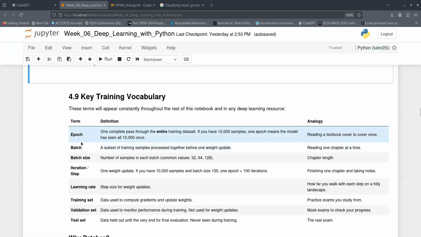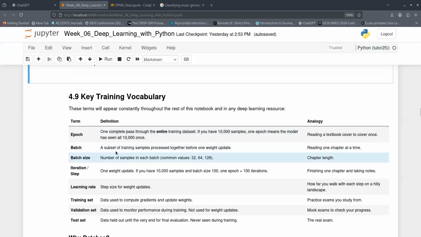So the epoch is what we can also call the iteration. It's one complete pass through the entire training set. If you have 10,000 samples, one epoch means the model has seen all these samples once.